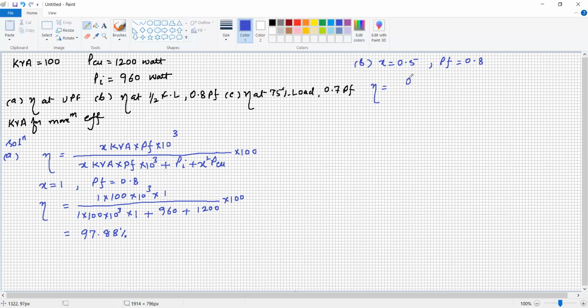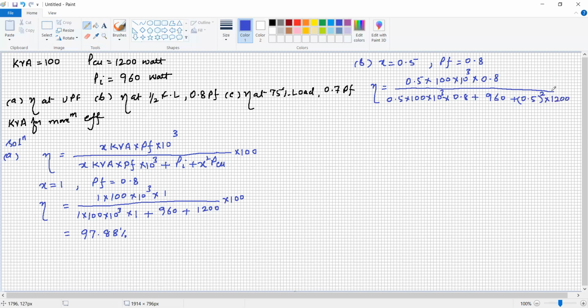Efficiency is equal to 0.5 into 100, the rated kVA of the transformer, multiplied by 10⁻³ multiplied by the power factor 0.8, divided by 0.5 into 100 into 10⁻³ multiplied by 0.8 plus iron losses, as it is, 960, plus 0.5 square into 1200.